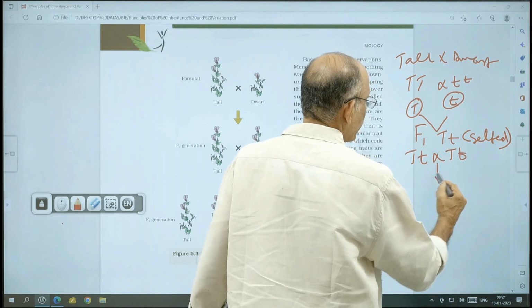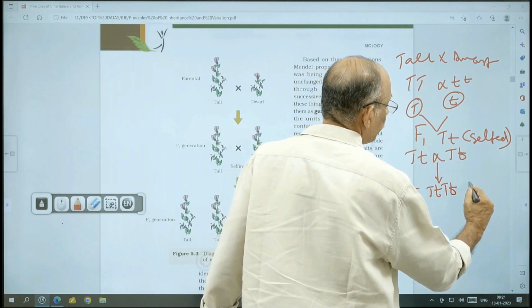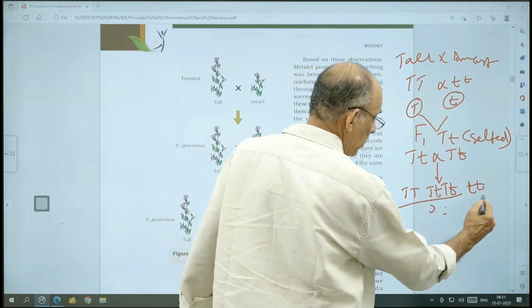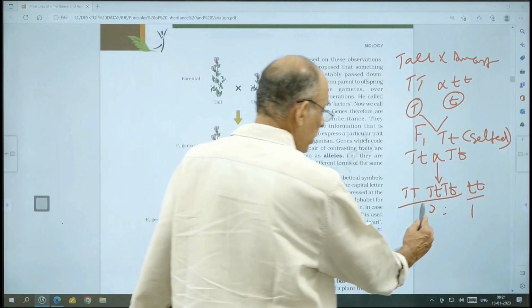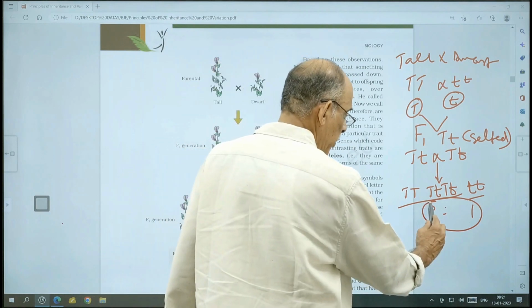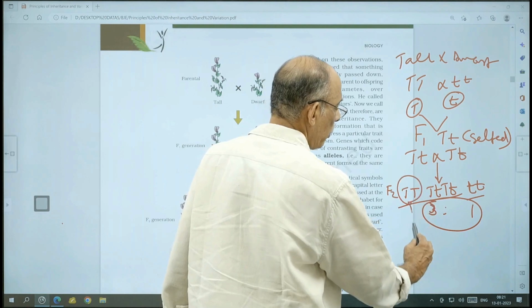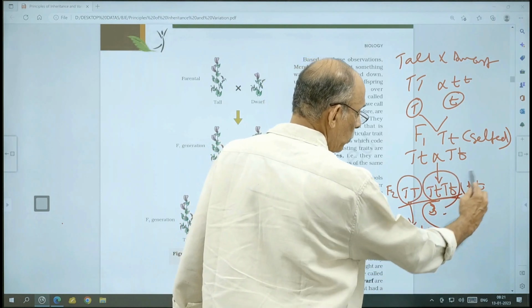And in the F2, Mendel obtained 3 tall plants to 1 dwarf plant, a 3:1 ratio. This 3:1 ratio is known as Mendel's monohybrid ratio. Of the three F2 tall plants, one was pure homozygous tall, two were heterozygous tall, and one was pure dwarf plant.